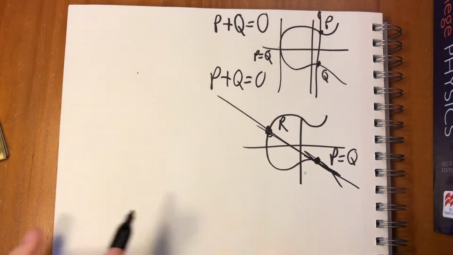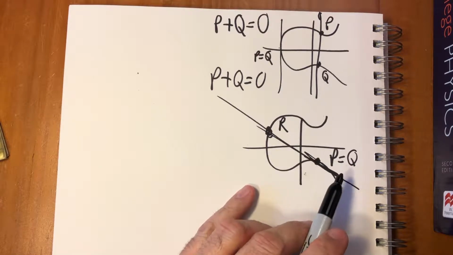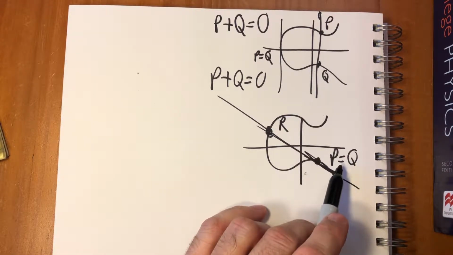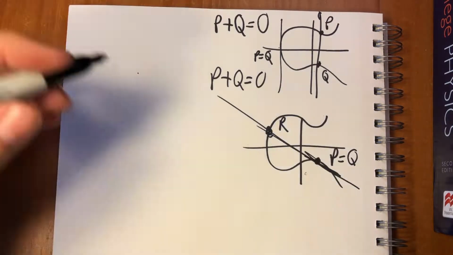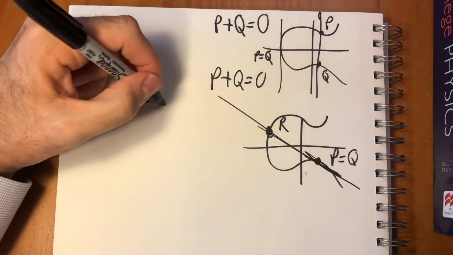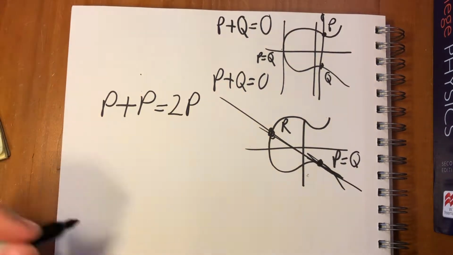So in this case, we know that it's basically P plus P. In other words, 2P.